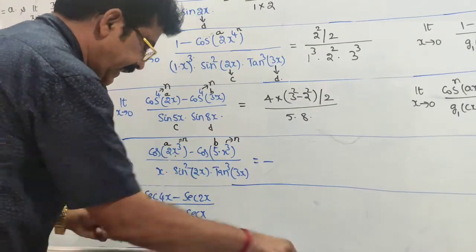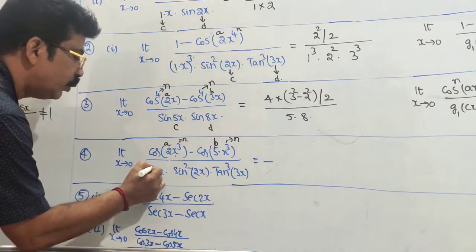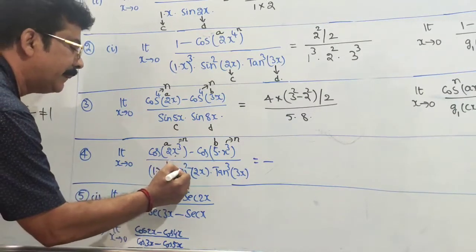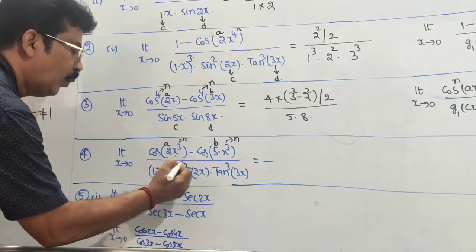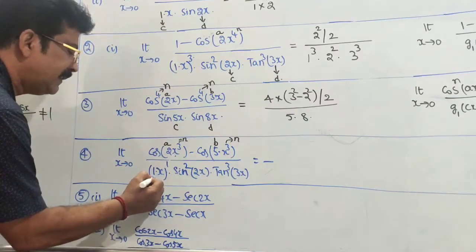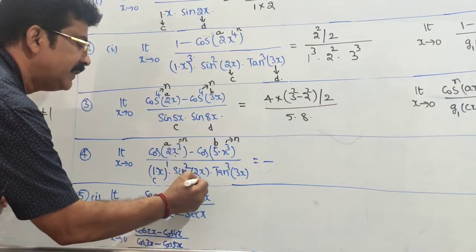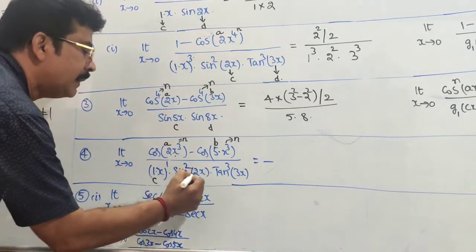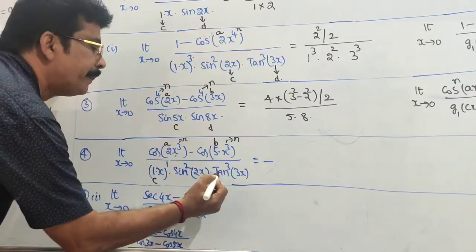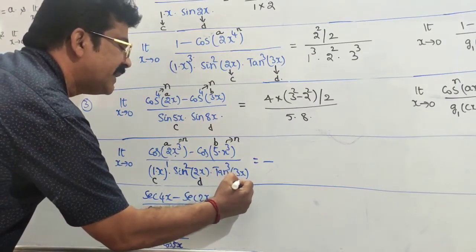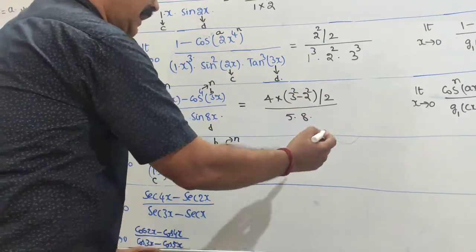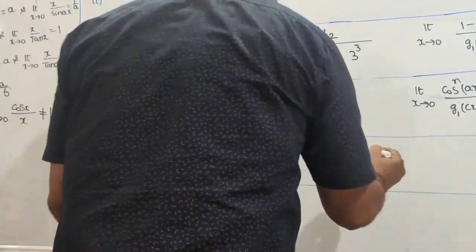Okay, next x means what? 1 into x whole power 1 like that. So this is c, this is d, this is something e like that. Okay, we will follow the shortcut. I will write the structure.